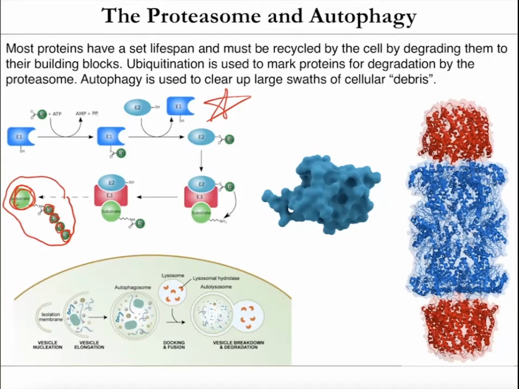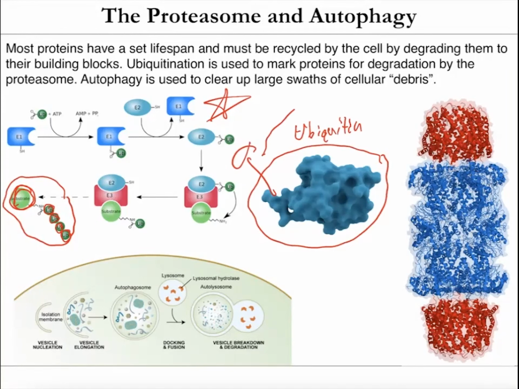There's just a lot of these little proteins, and so once this protein gets tagged by this small protein molecule called ubiquitin, so it's shown right here, that protein that's attached to ubiquitin will then go into this really big, complicated protein machine called a proteasome, and that'll actually degrade and break down the protein into its amino acid components, so those can be reused to make other proteins.